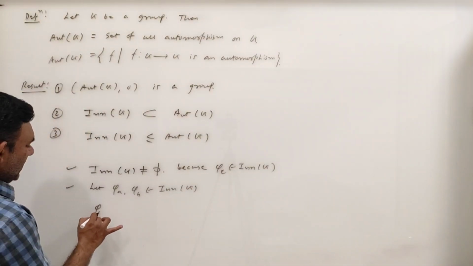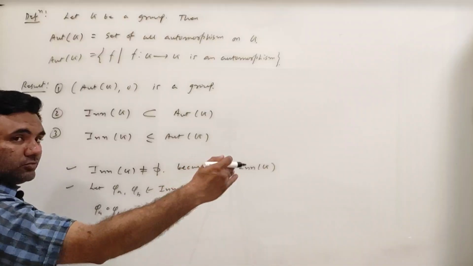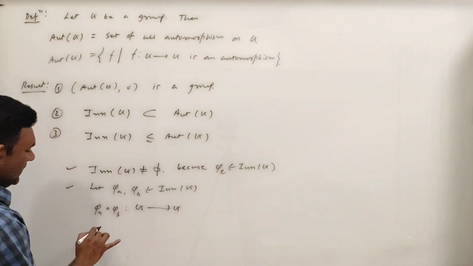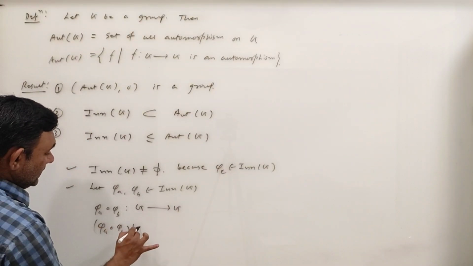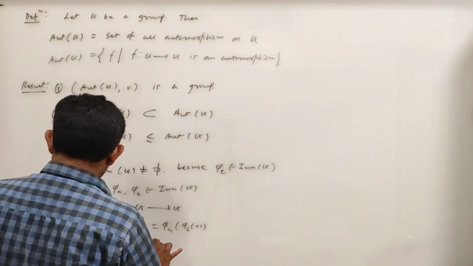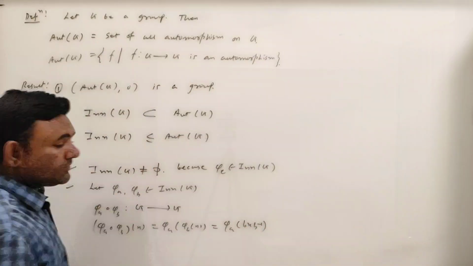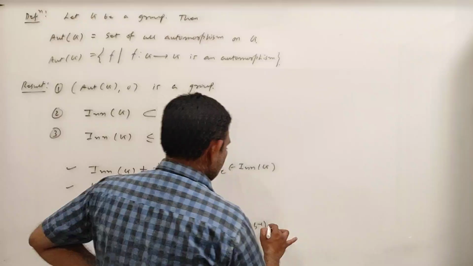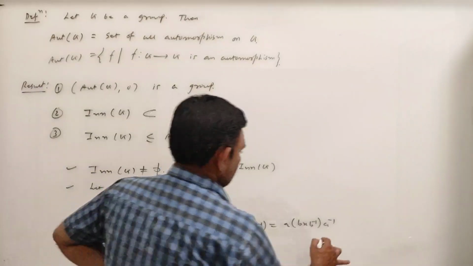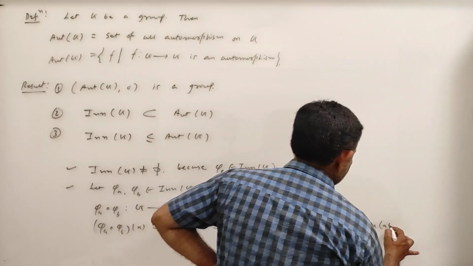So what will be phi A o phi B? Phi A is a mapping from G to G, phi B is a mapping from G to G. So phi A o phi B is also a mapping from G to G. And phi A o phi B at X will be phi A at phi B at X. So this will be phi A of B X B inverse, which is A B X B inverse A inverse, that is AB X (AB) inverse, since B inverse A inverse is (AB) inverse.